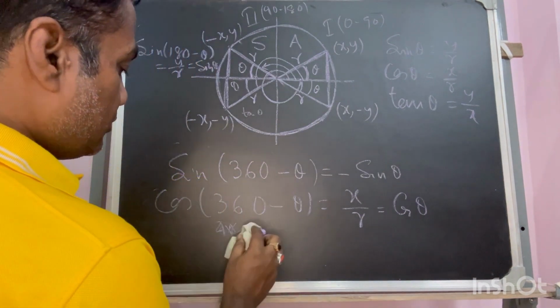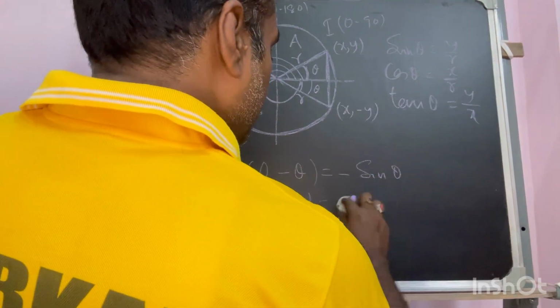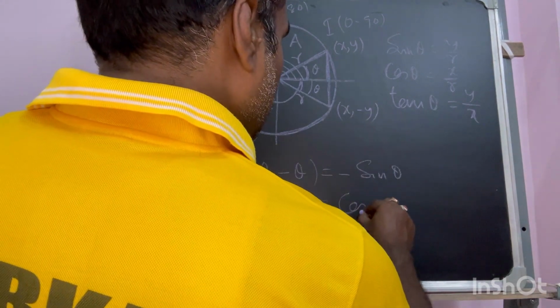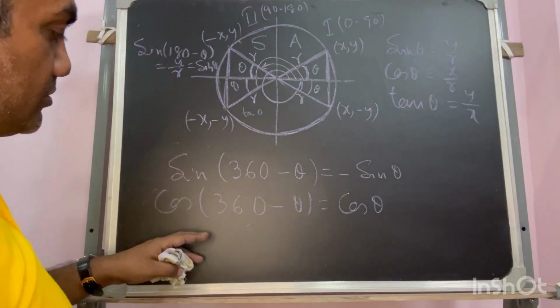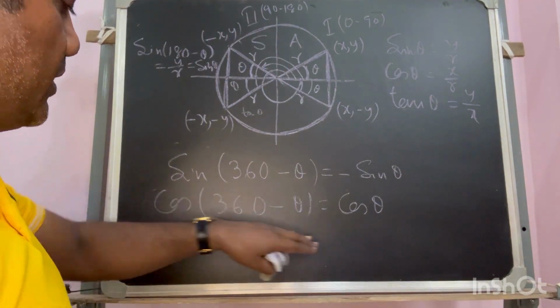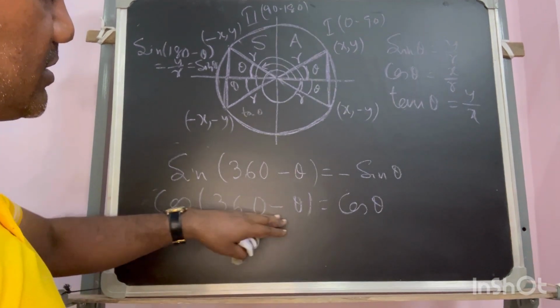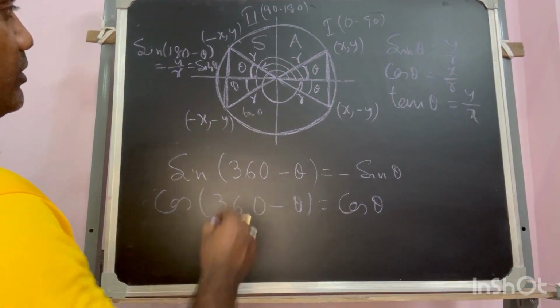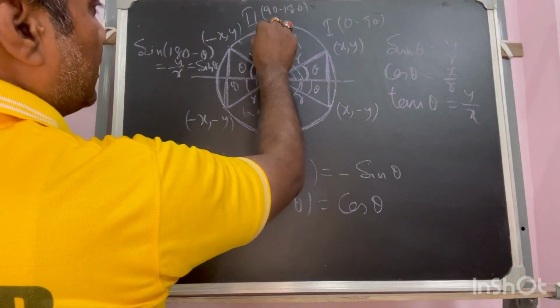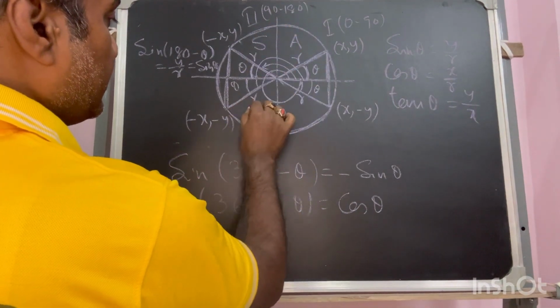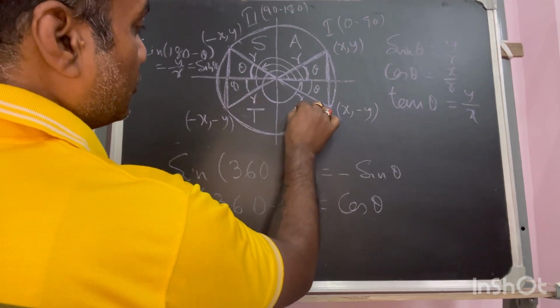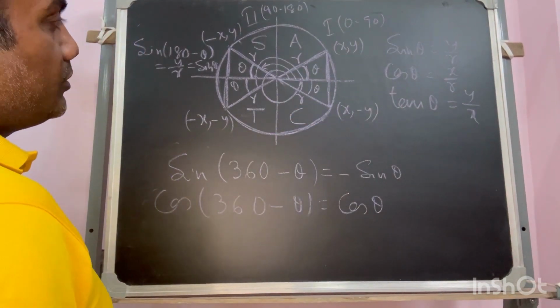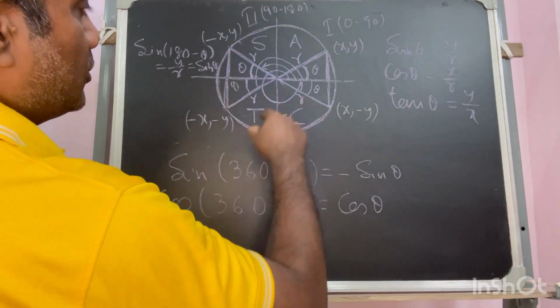So in the first coordinate cos was positive, and so directly you can write for this. We can mathematically also prove that in the fourth coordinate, cos of 360 minus any angle theta is cos theta. So we can establish here all is positive, here sine is positive, here tan is positive, and here cos is positive. So all, sine, tan, cos.